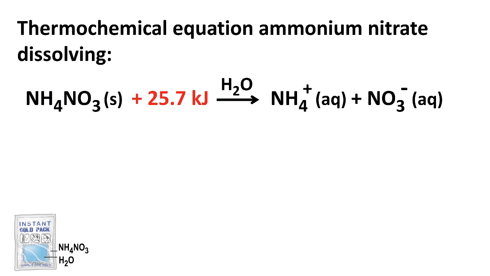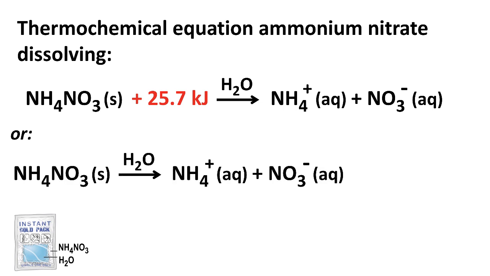So here's one way of writing the thermochemical equation for this process, and the other way involves using enthalpy change, like we did previously. And so we write the chemical equation: NH4NO3 solid makes NH4+ and NO3- aqueous. And then we tack on the delta H, the enthalpy change value, at the end.